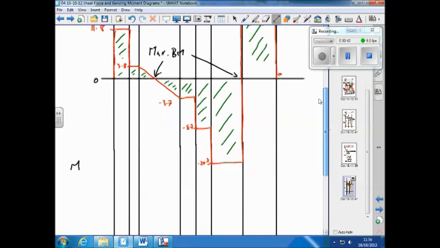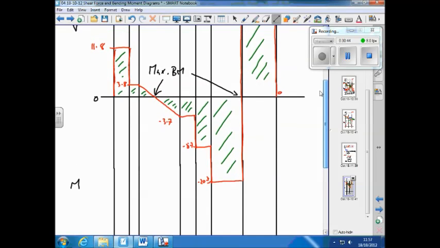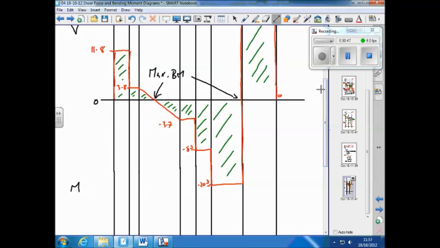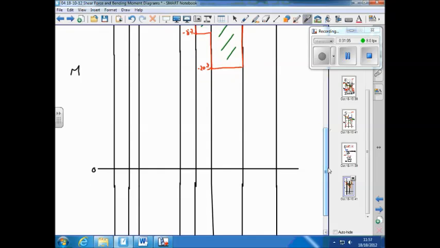So, right, the bending moment is positive. So the value of the gradient is given by the value of the shear. So it starts at 11.8, positive gradient, and it's going to go up until it reaches a value for the moment which is given by the area underneath this first rectangle here. So we calculate that area, and that will give us the bending moment at this point here.